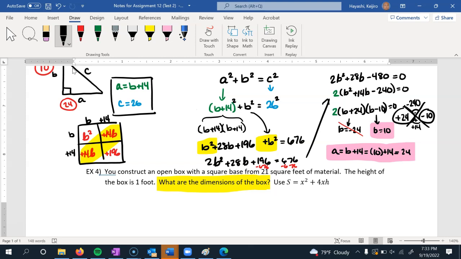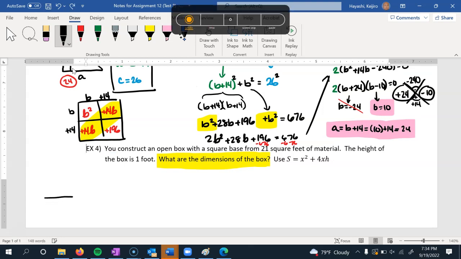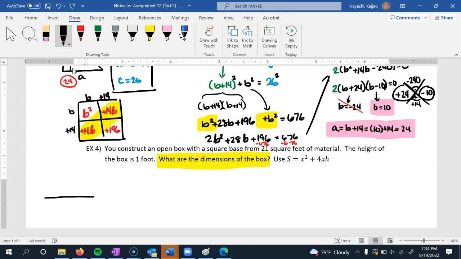What that means is that there's no top. There's a bottom and there are sides, but there's no top. It's open on the top, and it has a square base. So what that looks like, just one example, is this.